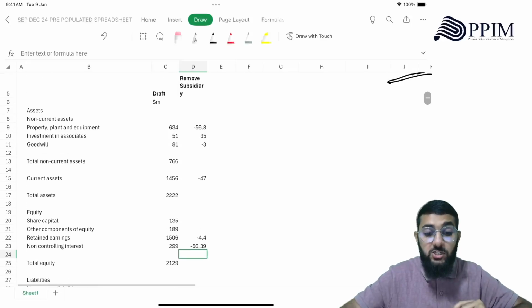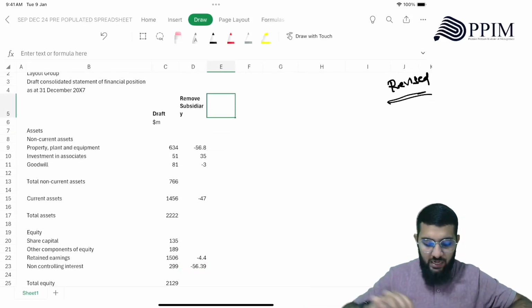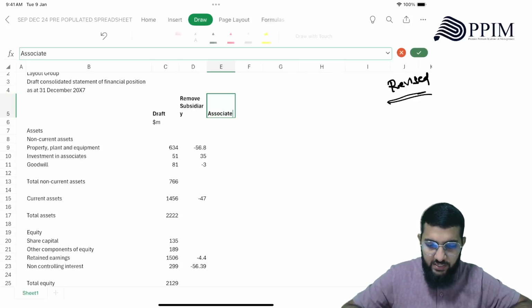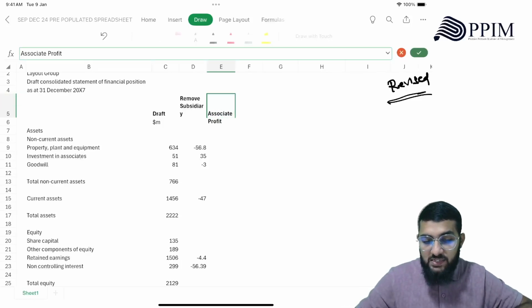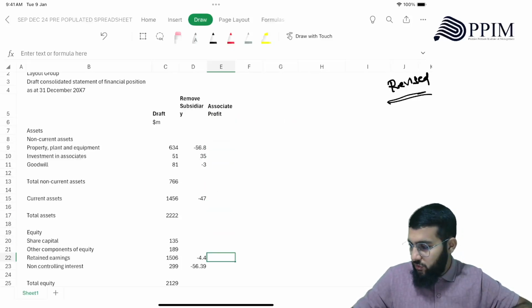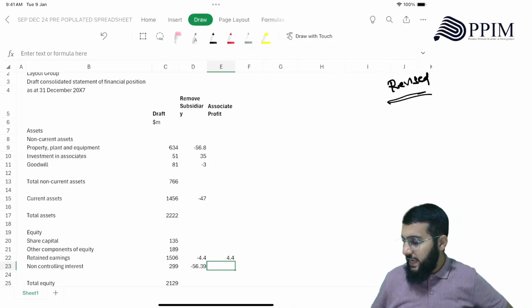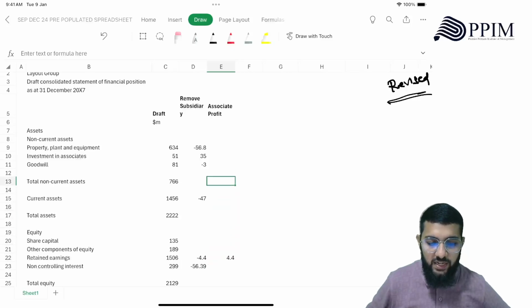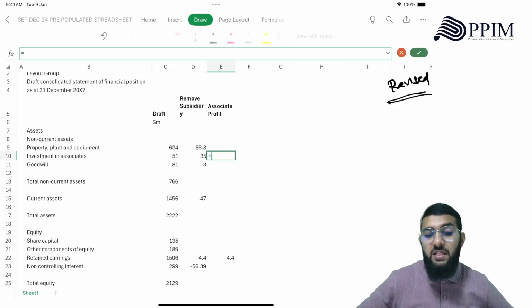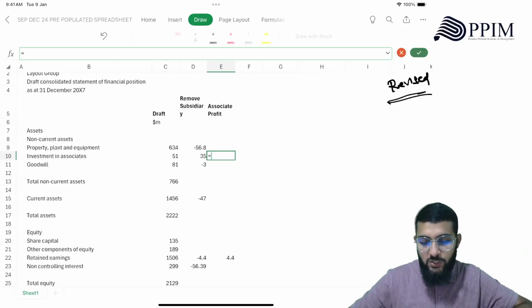Okay, subsidiary elimination done. Then we have to make another adjustment, which is going to be associate profit. Now this is associate profits. Retained earnings removed as subsidiary profit will be associate profits. So we have to consider that 4.4 million as associate profits, which will be added in the retained earnings component, as well as investment in associate will be the initial investment plus the post acquisition profits of the associate, 0.4.